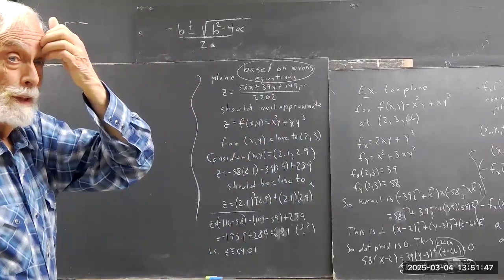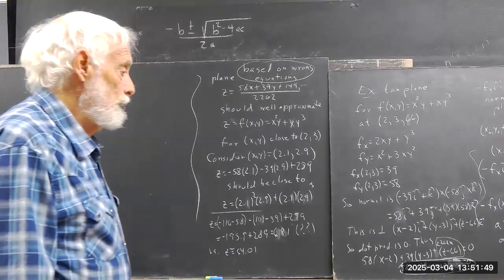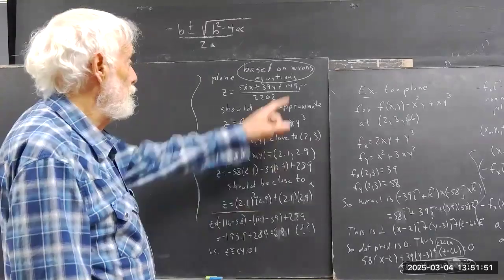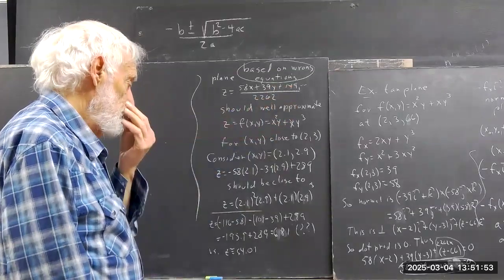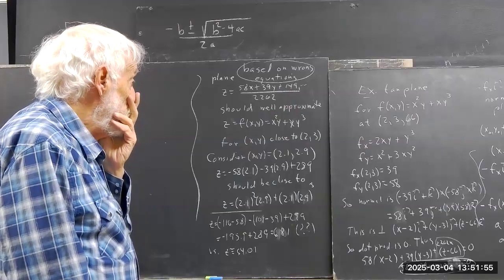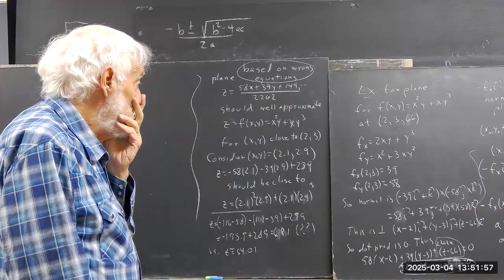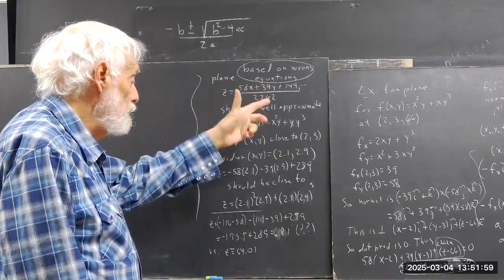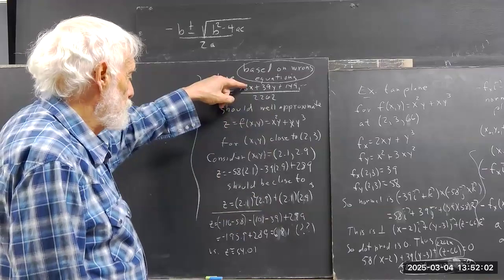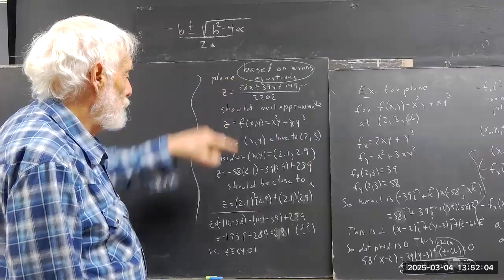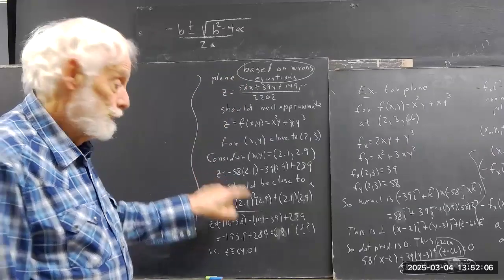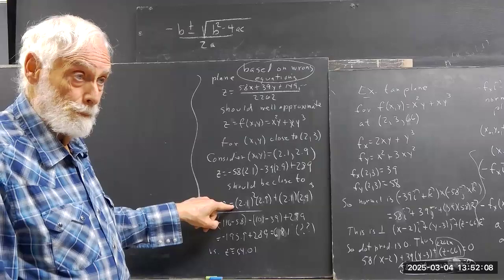Okay. When you divide this by 2262, that's going to change the numbers that you put in here. Not going to change the numbers you put in here.